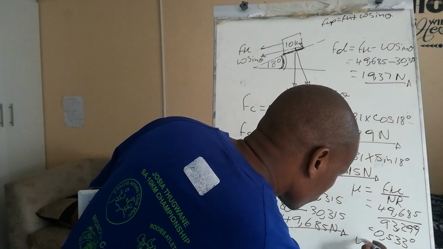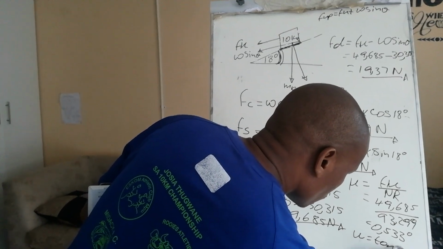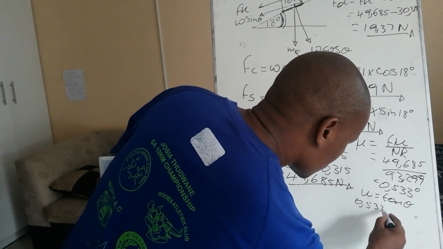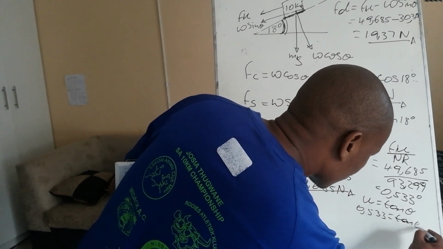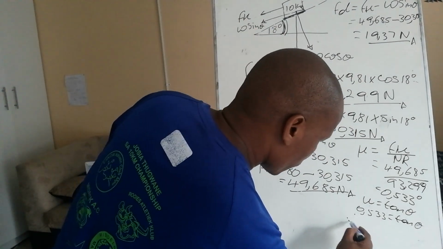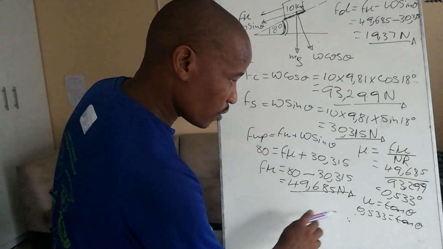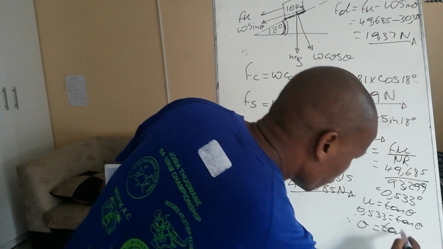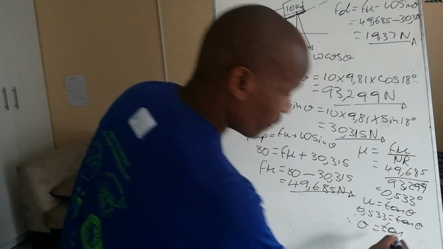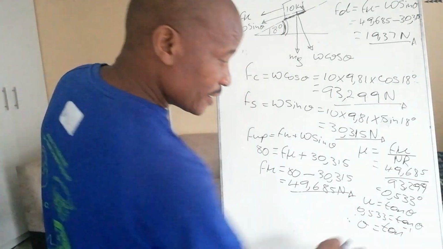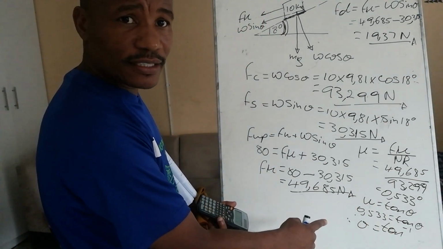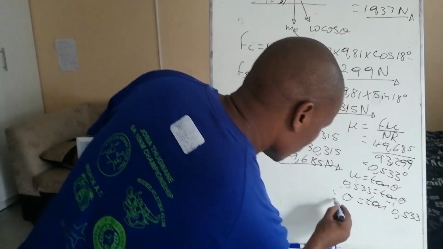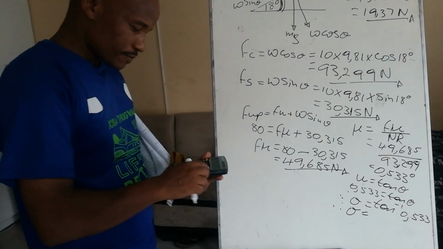And it's equal to what? The coefficient of friction is equal to tan theta. 0.533 is equal to tan theta. Now, I don't have space, guys, you'll forgive me, but I hope you can still see. To make theta the subject of the formula, theta is equal to the arctan of 0.533.